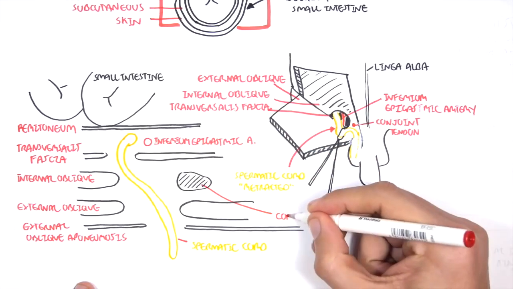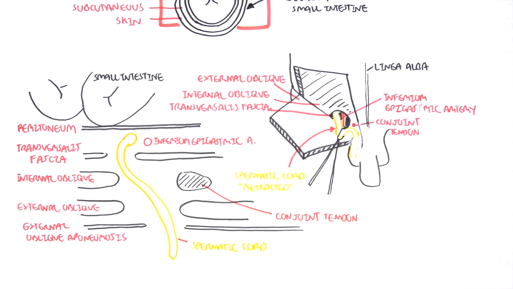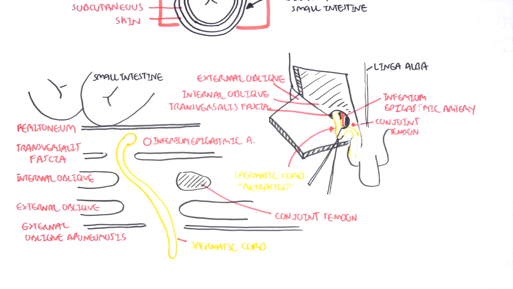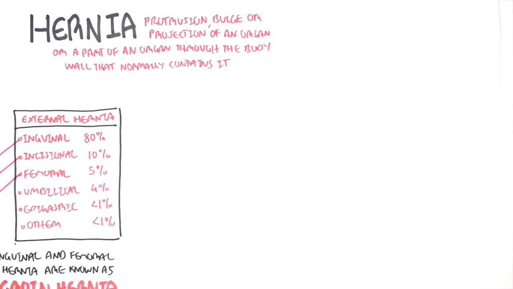I hope that made sense. Just remember these layers, how the spermatic cord travels medially, and also the inferior epigastric artery. So let's talk about inguinal hernia. What we will see is these intestines bulging through the abdominal walls.